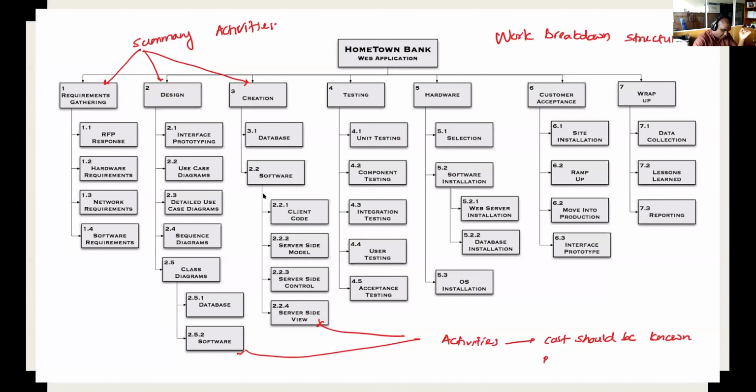These are BOQ items. Activities should be BOQ items. So you have your project. If it's a building, you can divide into several main segments, maybe substructure and superstructure. Substructure you may divide into sections of foundations, the types of foundations. Superstructure, if you go for maybe walls.